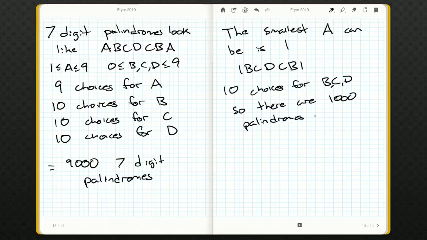So we get 1,000 palindromes of this form. And that's all the palindromes that start with 1. And they're automatically less than all the palindromes that start with 2, all the ones that start with 3, all the ones that start with 4.